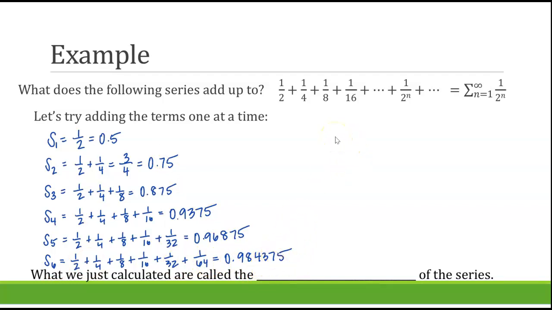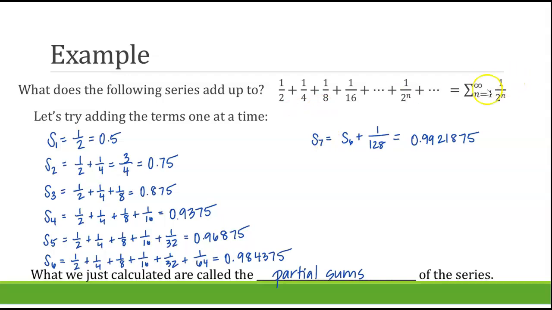So I'm going to put S sub 7 over here, which is of course S sub 6 plus the next term. This is 1/64, so it would be 1/128. I'm going to go ahead and give you that value. That's 0.9921875.